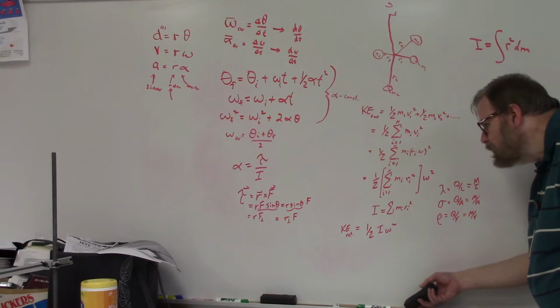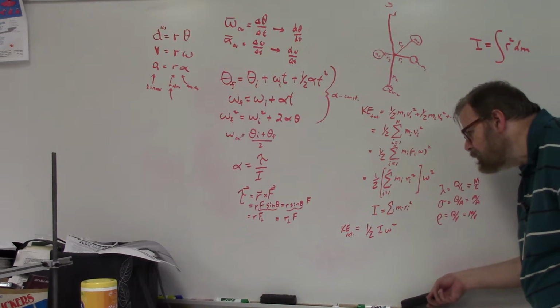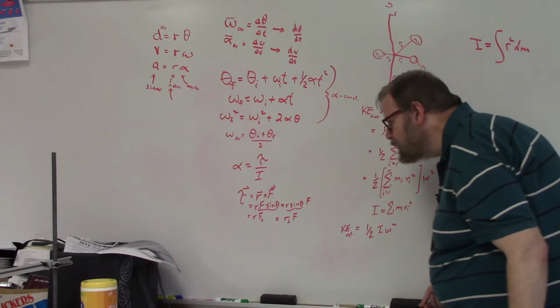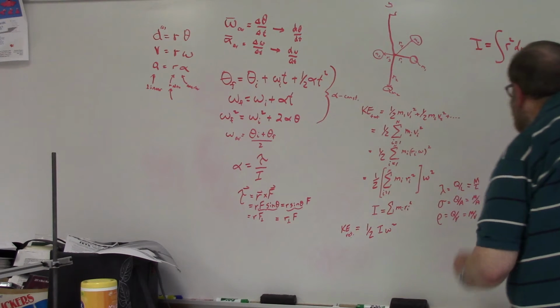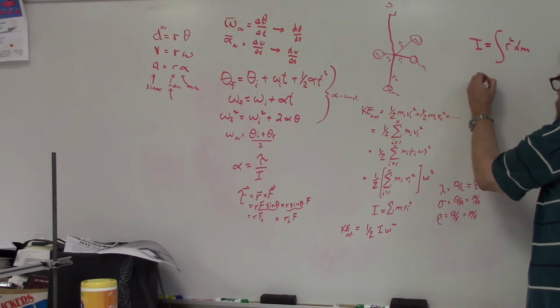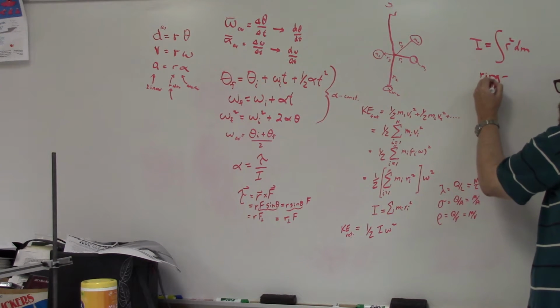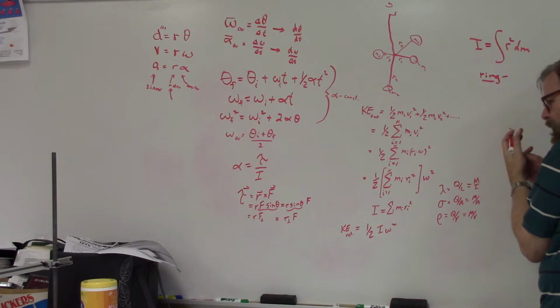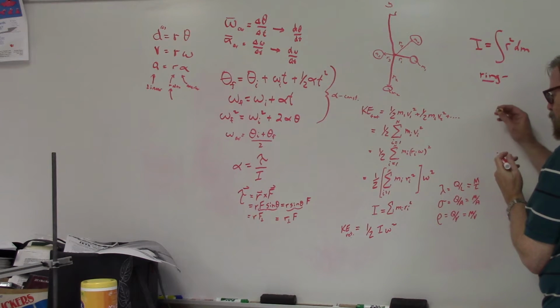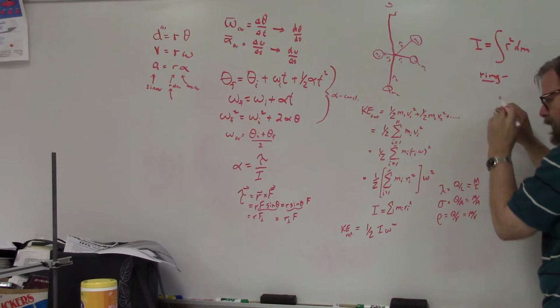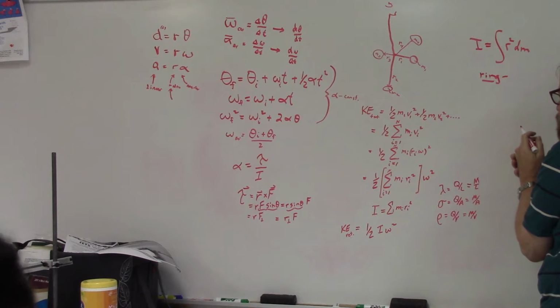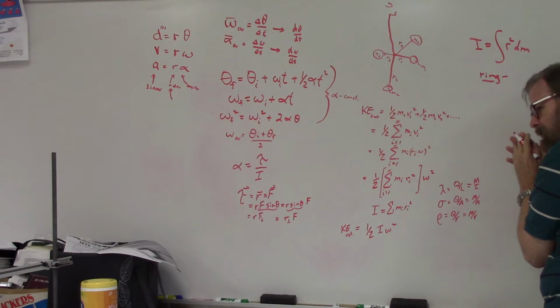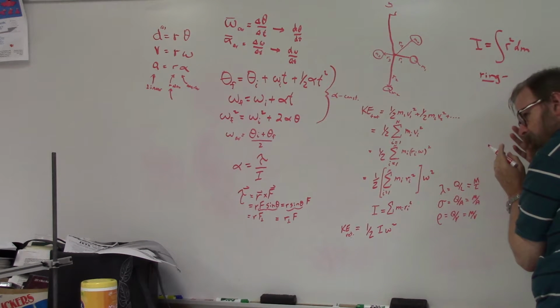So the first one that we're going to look at is, well, how do we do a ring? What's I for a ring? So you have just a regular ring, and we've got the mass distributed. It's all at the same distance away. So here's how we have to do it calculus-wise, and then we'll come back and say, well, what does all that really mean?